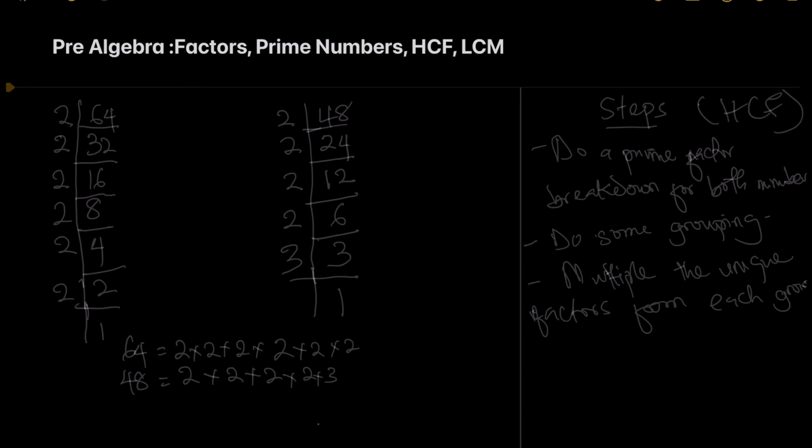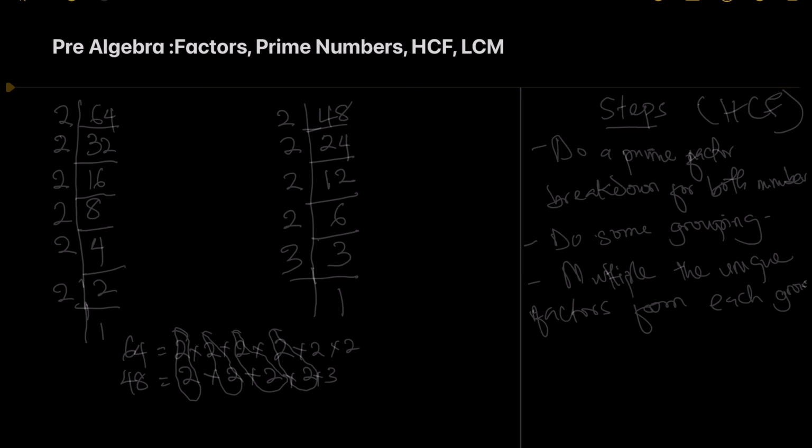And then we can see, in the case of factors, we're trying to look at what are the groups that exist that are common to both numbers. So here we start and we say 2 and 2 make a group, then another 2 and 2, and another 2 and 2. And then we notice here we cannot group again. So basically we stop, and then we just take the unique of each group, right?